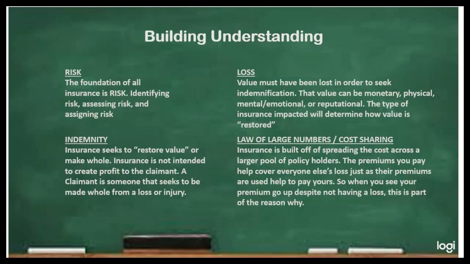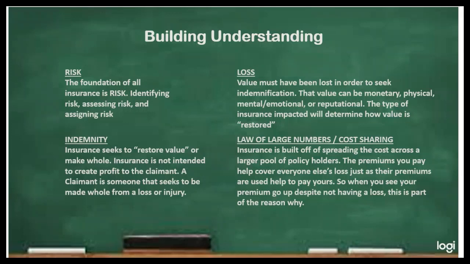What the law of large numbers does is it now moves into a cost sharing aspect, and this is how they help determine your premiums, because they're going to look at that and they're going to say, okay, we're going to pull all these different policies, we're going to cover all these different cars and all these different circumstances, so everybody's paying in this premium, but we don't anticipate, based off our research, having a lot of losses at any one time, so that those premiums will be adequate to pay all 10,000 of your damages, even though you yourself have only paid us maybe $1,000.